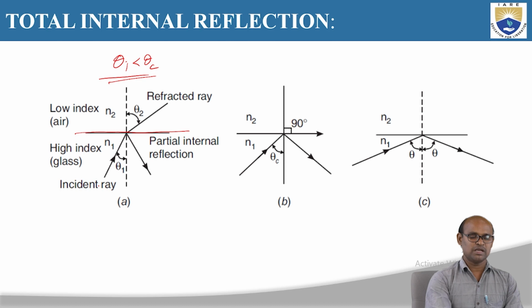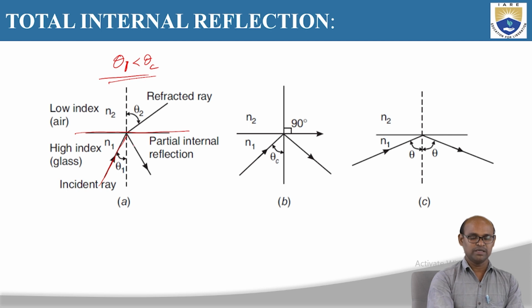This is the light ray having this angle of incidence. I am defining the angle of incidence as theta 1, and you can define theta I as theta 1.